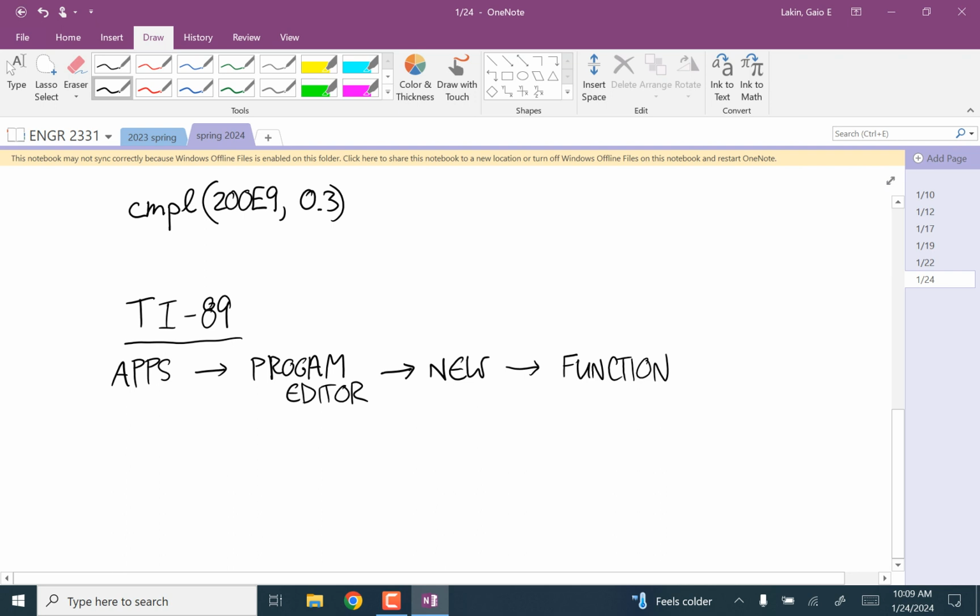And then variable, that's a weird way to say it, but that's where you put the name of the function. So type in CMPL.